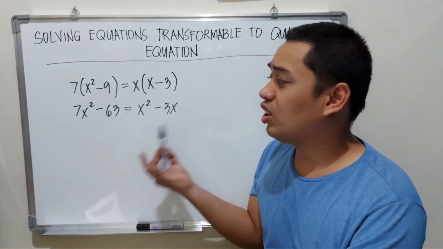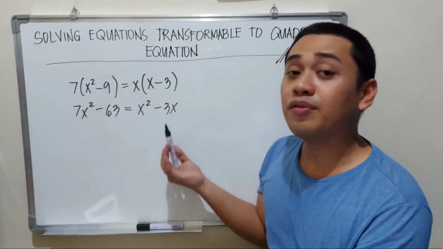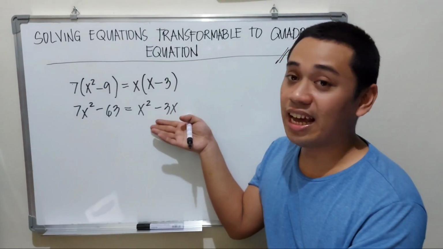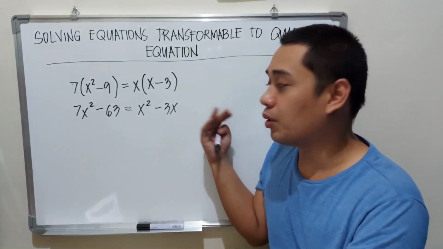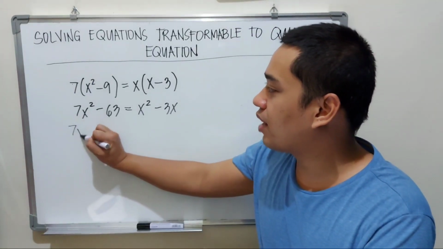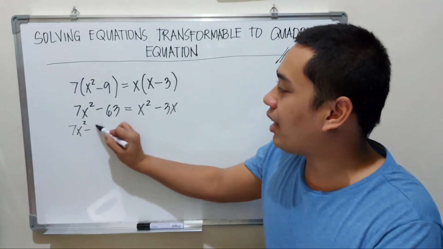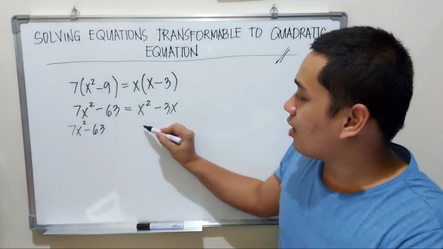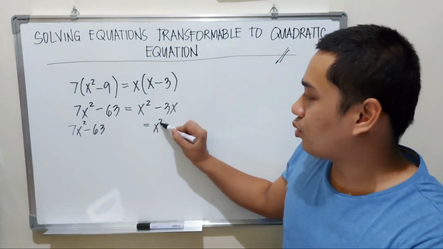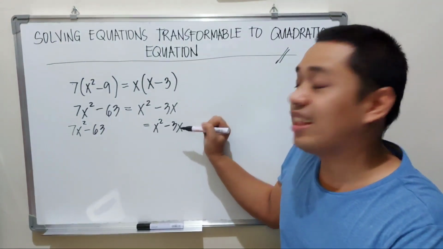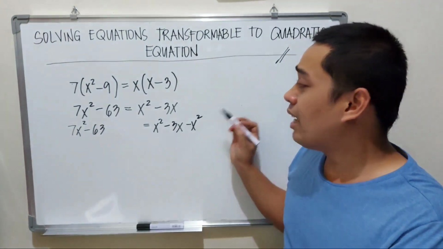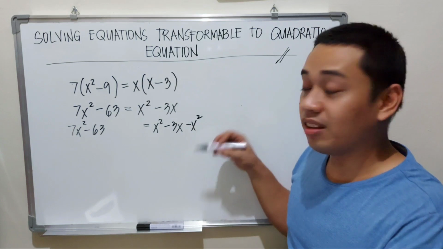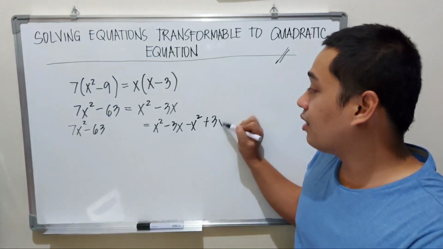Then, we need to add the additive inverse of the terms on the right side to further cancel it out and equate them to 0. So, it will become 7x squared minus 63 equals x squared minus 3x, and the additive inverse of x squared is negative x squared, and the additive inverse of negative 3x is plus 3x.